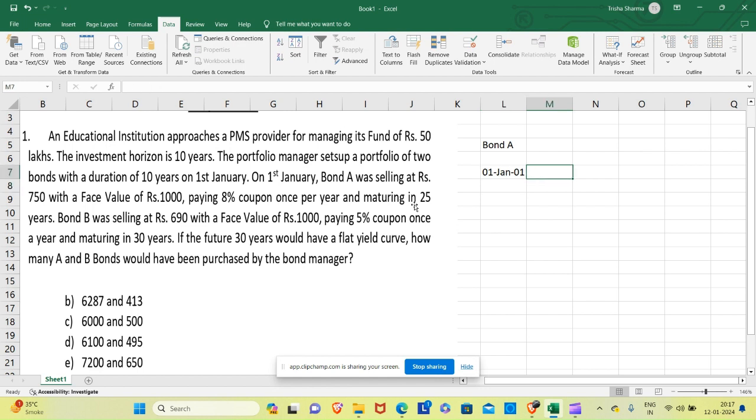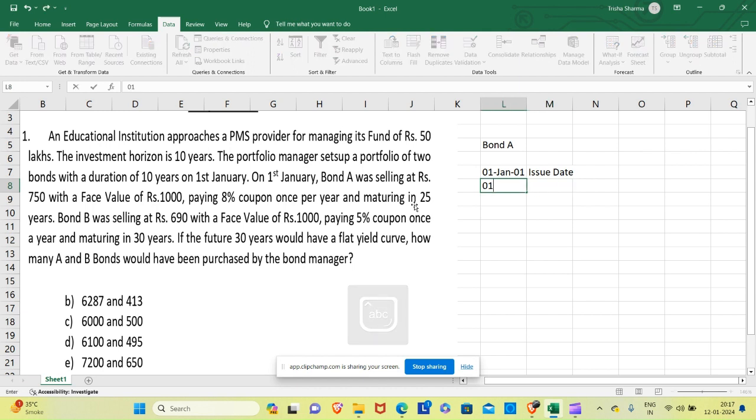So this would obviously be the issue date. Then 25 years from here, which is 1st January 2026, would be its maturity date. Why? Because there is a gap of 25 years between both the dates. So that's your maturity date.